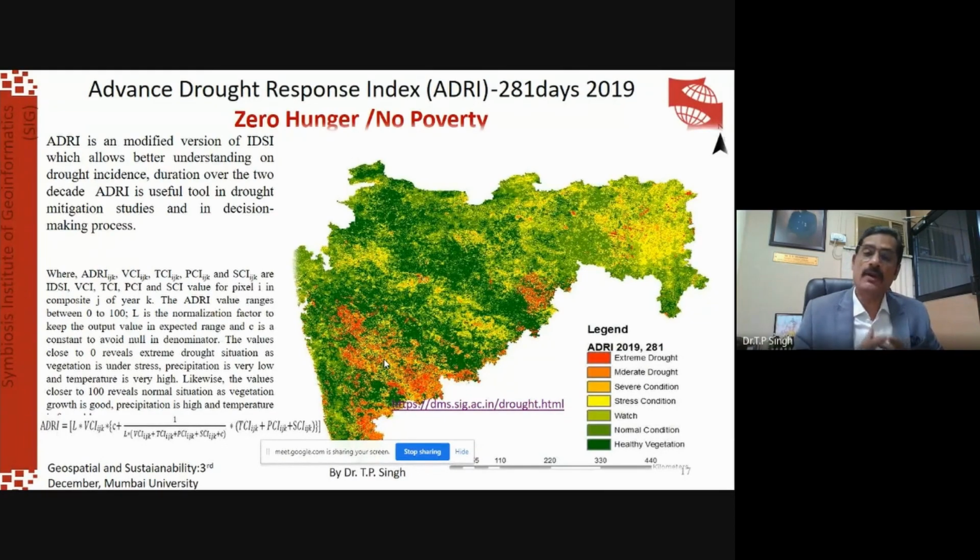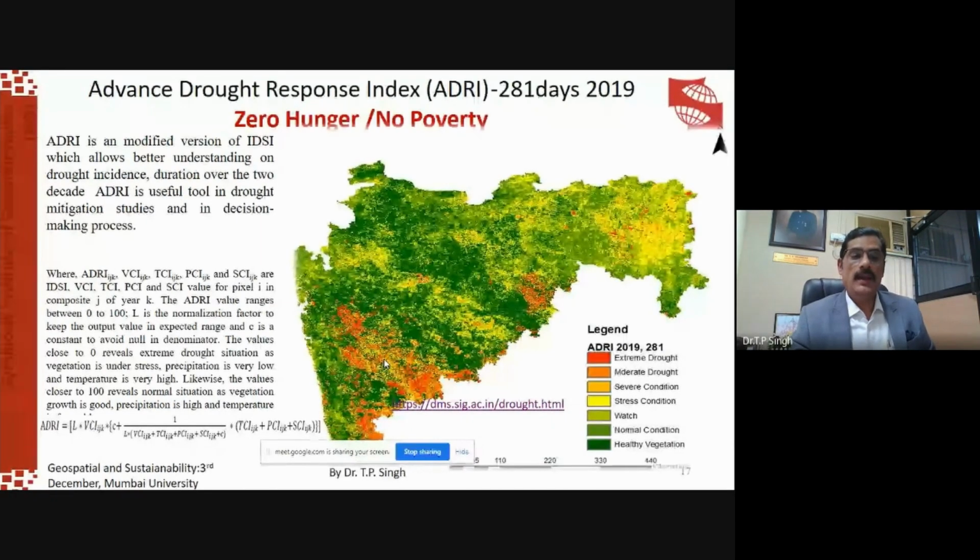We have developed a system where every 7 days you get information about drought, and I'm happy that the Maharashtra Agriculture Department is also very interested in such information, which we get from satellites, or from our product.